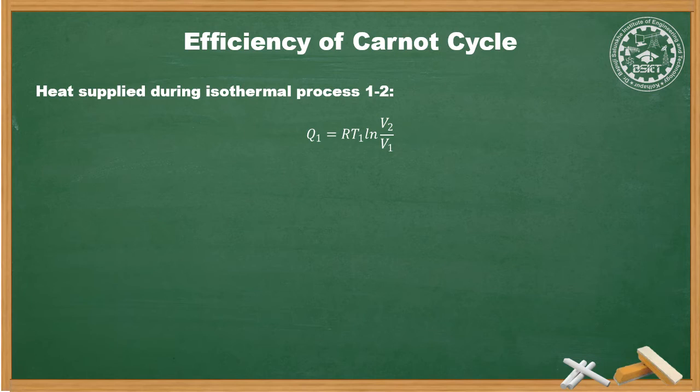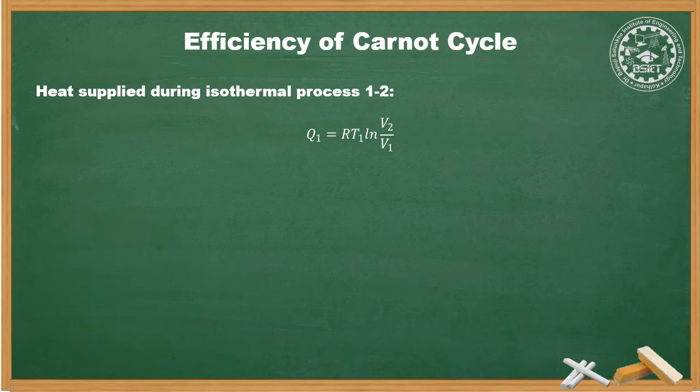In this, R stands for the specific gas constant, T1 stands for the source temperature, and V2 and V1 stand for the volume at points 2 and 1. Q1 stands for heat supplied during the isothermal process.